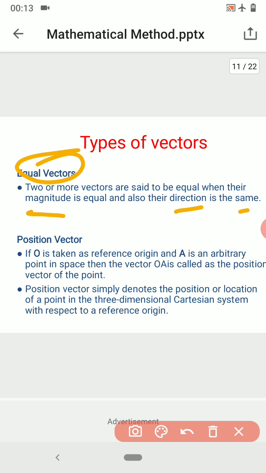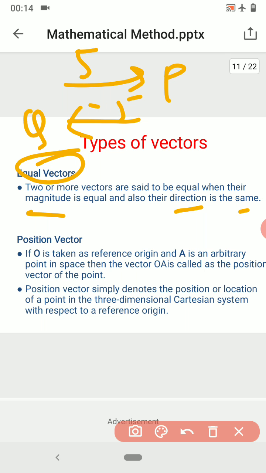If you have vector p having magnitude 5, and vector q having magnitude minus 5, see, the numerical value of the magnitude is the same but the direction is opposite, then you cannot say that the vectors are equal.